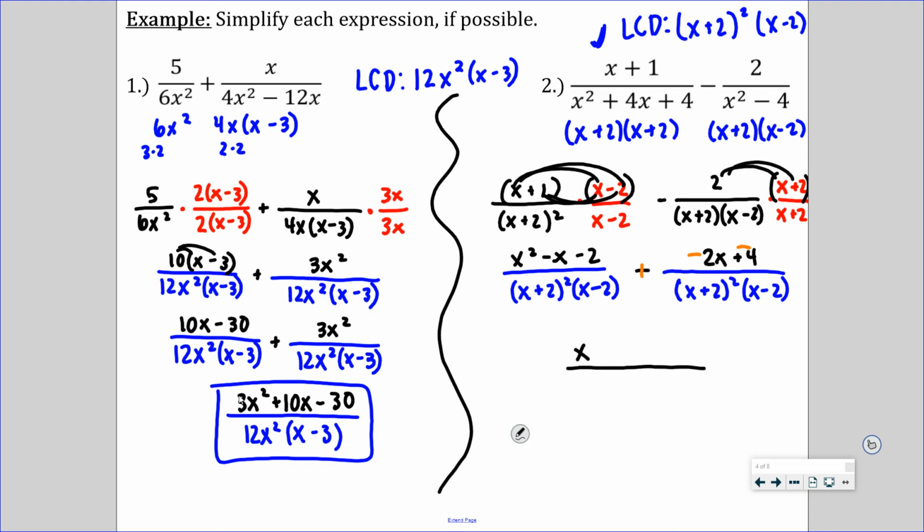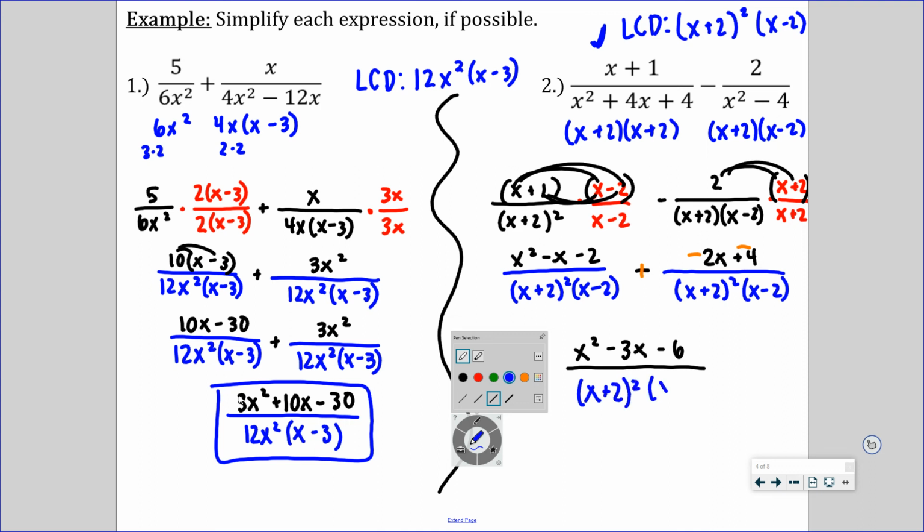I have x squared, then negative x minus 2x is minus 3x, or you can think plus negative 2x. Negative 2 minus 4, negative 6, all over, keep the denominators the same. This one I know for sure does not factor. There's not two numbers that multiply to negative 6 and add to negative 3. So that's my final answer.